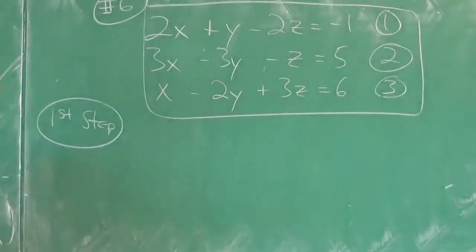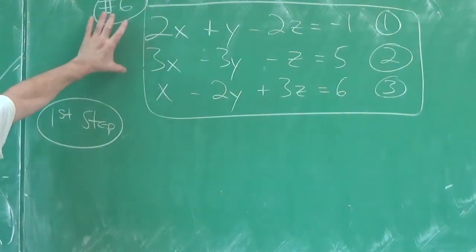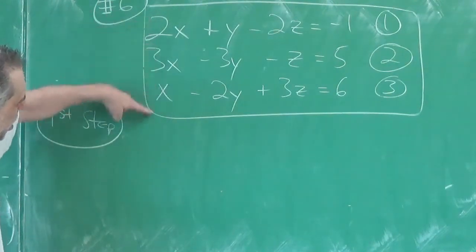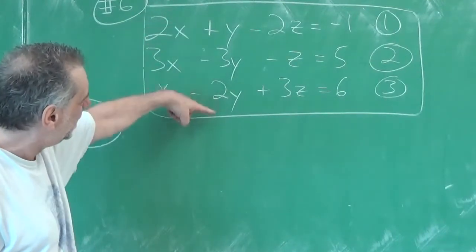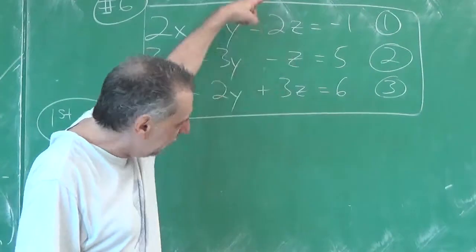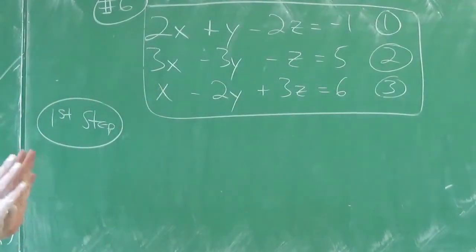Okay? So you look at this and you see if any are easy, like if there's a 2x and a negative 2x. That would be your obvious first choice, because then you could just add those together and eliminate the x's. But for the x's, there's no easy choice. For the y's, there's no easy choice. For the z's, there's no obvious choice. So you have a choice here.